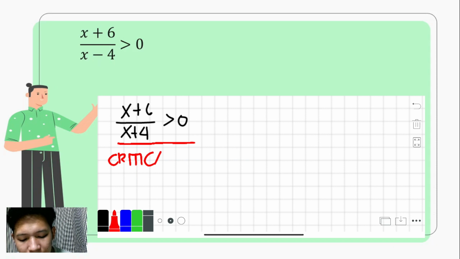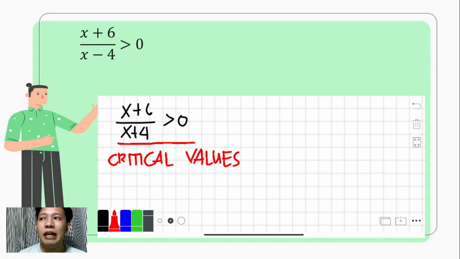So, yung critical values po, ito po yung magdi-determine kung ano ang magiging solusyon natin sa ating rational inequality. And in getting critical values, it would be a technique or a strategy kung ifa-factor out natin yung mga terms na nandun sa single fraction natin.